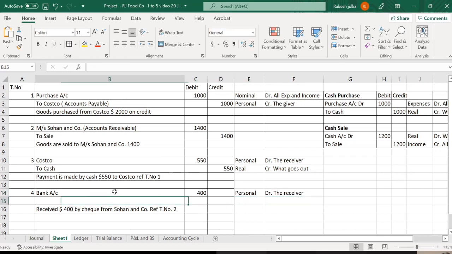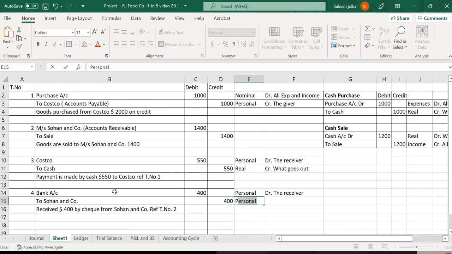And the second element in this transaction: who has given this money? Mr. Sohan. So $400 is received from Sohan and company. This is also personal. Who has given this money to us?